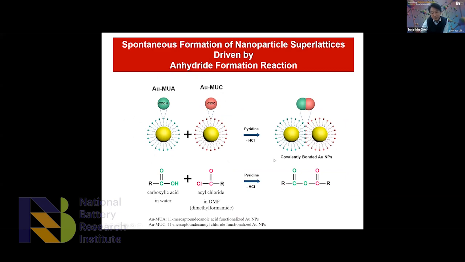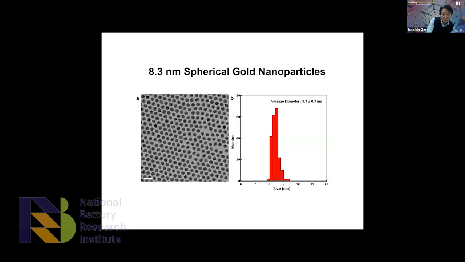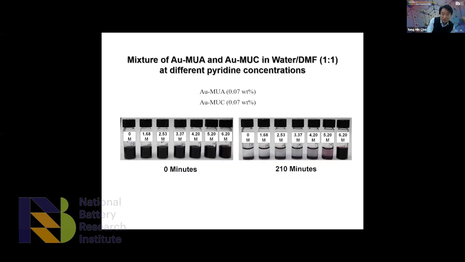This is the system I just showed you on the previous slide. We use an anhydride formation reaction between the ligands functionalized on the surface of the nanoparticles. In this case, we are using gold nanoparticles, the 8.3 nanometer gold particle, which is also very monodisperse.